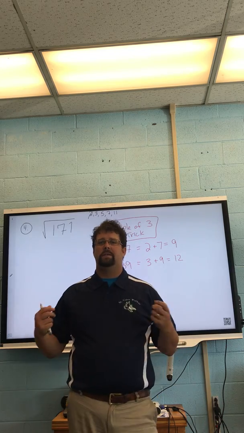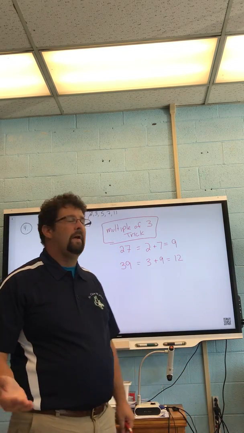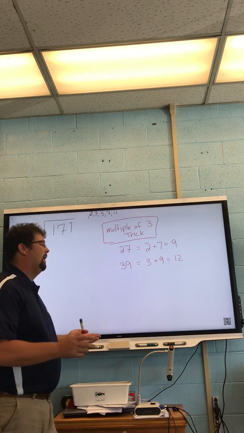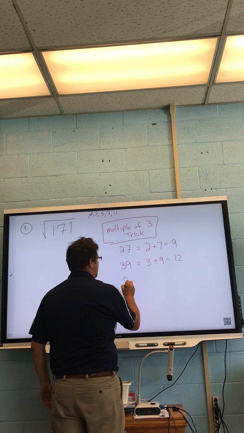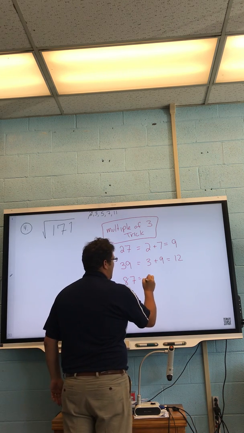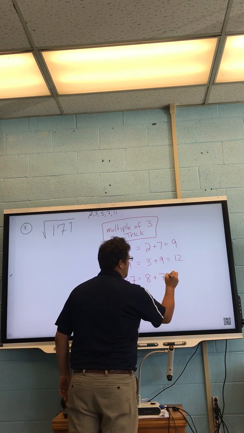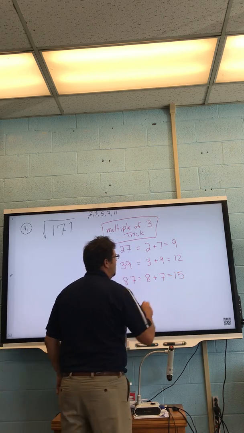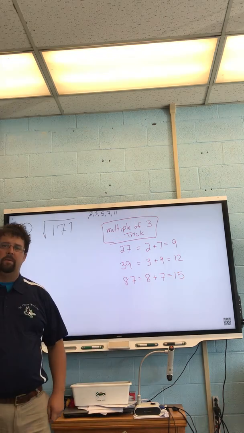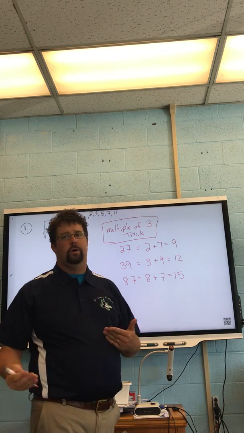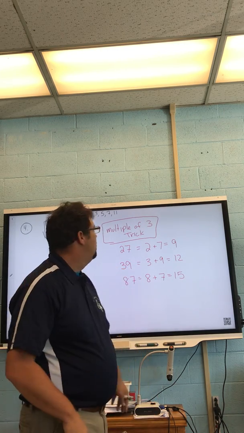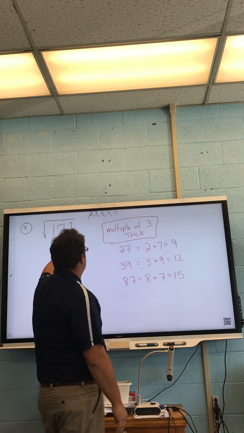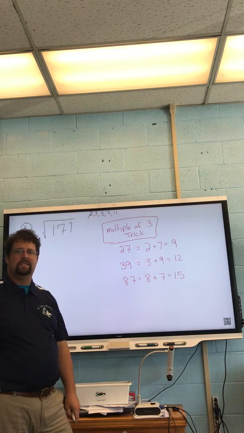It's just a trick to tell you that they are, in fact, multiples of 3. So let's do another bigger one. How about like 87? 8 plus 7 equals 15. 15 is a multiple of 3, so 87 also is a multiple of 3. Now, let's go back to number 171.